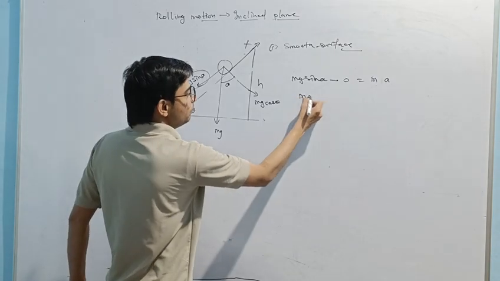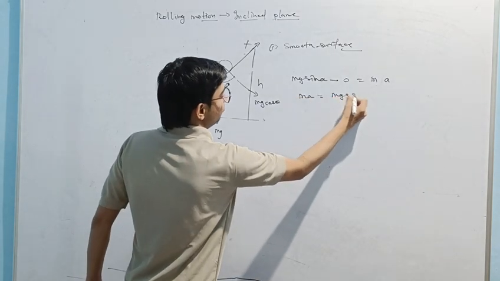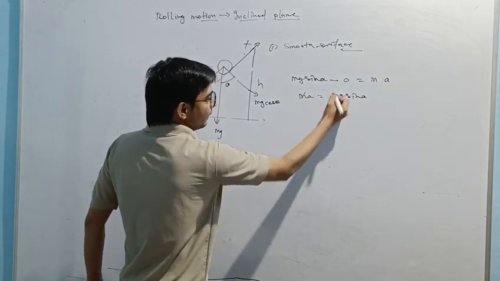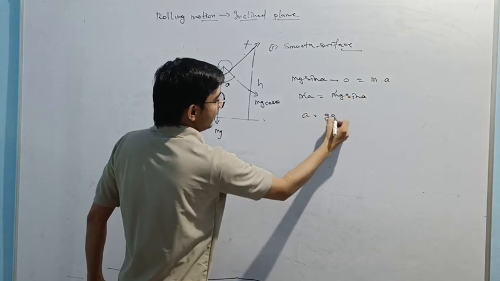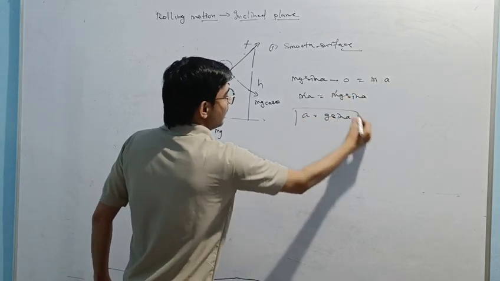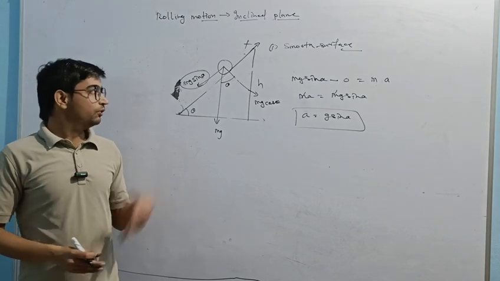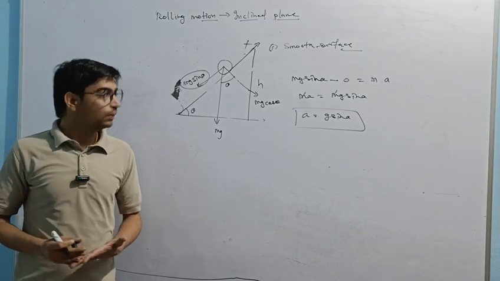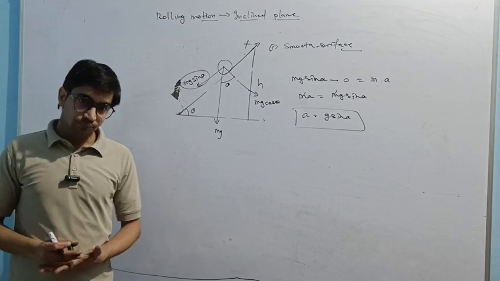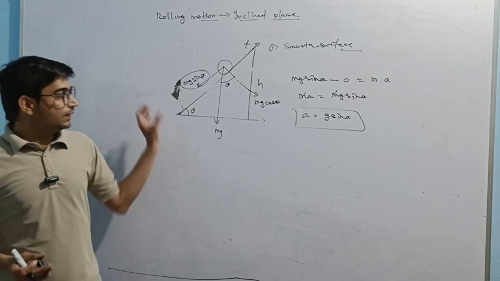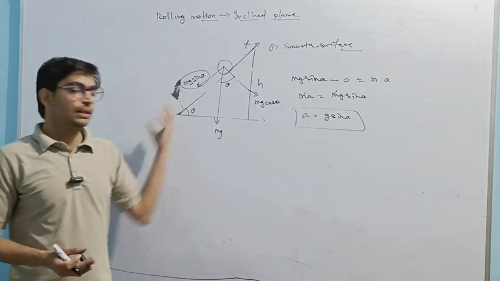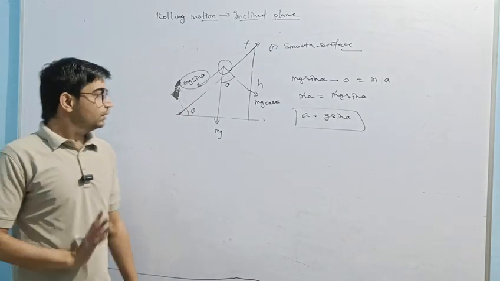So m into a is equal to mg sin theta. So m cancels out, a is equal to g sin theta. This is the acceleration while slipping. When there is no frictional force, no rolling, this is the value of acceleration while slipping, right?